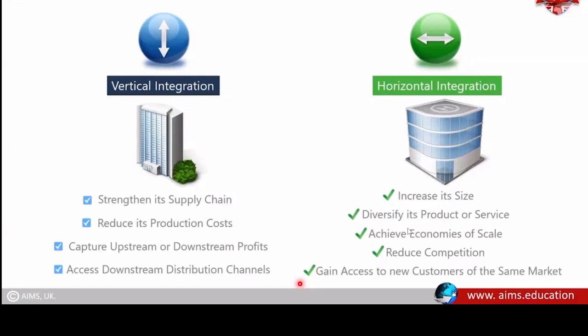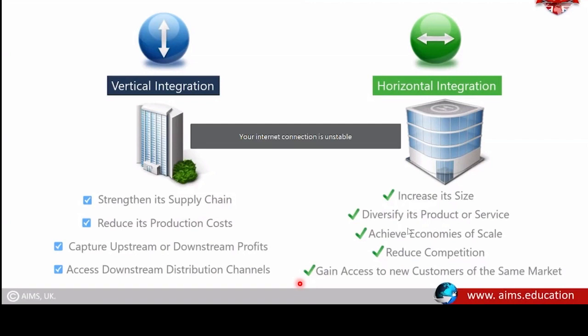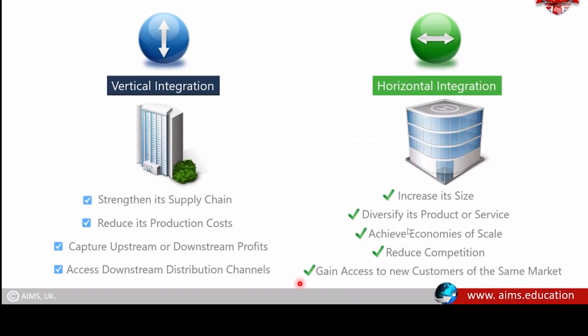Also capture upstream distribution channels. Yung horizontal integration naman is it increases on size. It depends upon on the nature of the business and gaano siya kalakas sa market. If need to expand, it's easy for them kasi mas alam nila yung demand ng market since they are focusing on one brand.